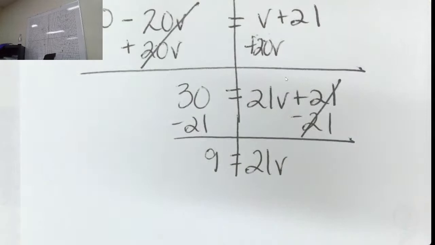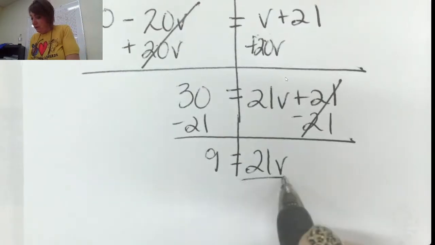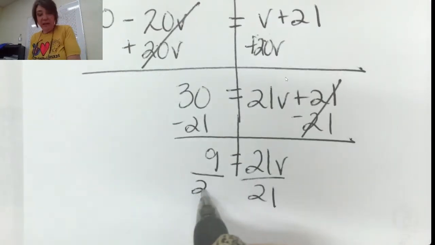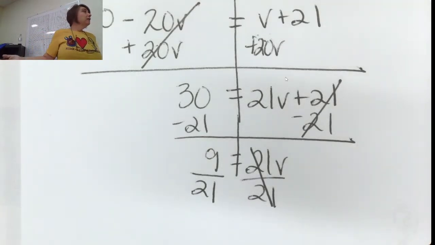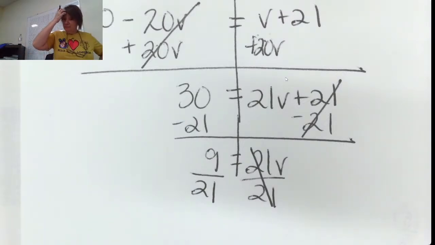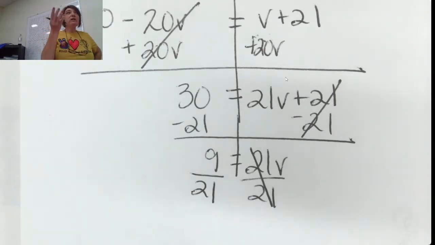Okay, last step on this problem. What's our last step going to be? Divide by 21. Now, a lot of people will mess this part up. I think it could have been this watermark. I'm not shocked. Okay, a lot of people will mess this up because they'll be like, oh, it's 3. Why is it 3?